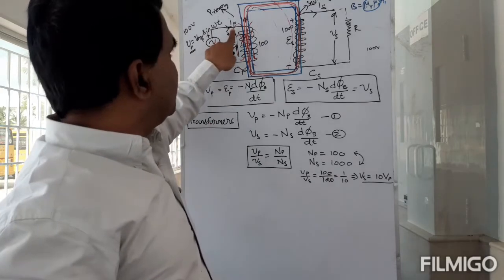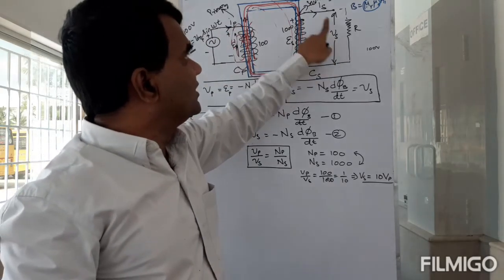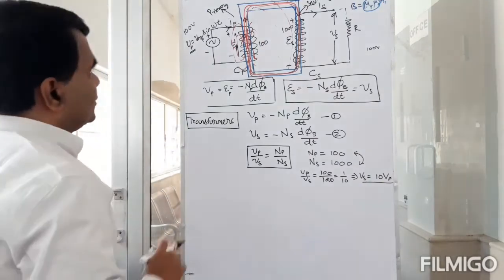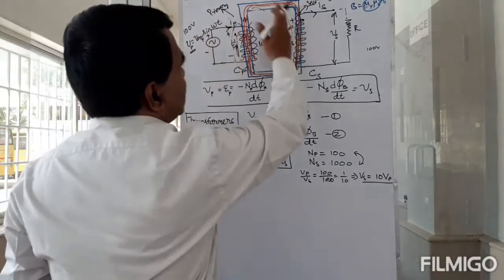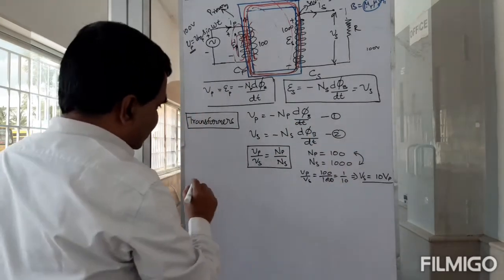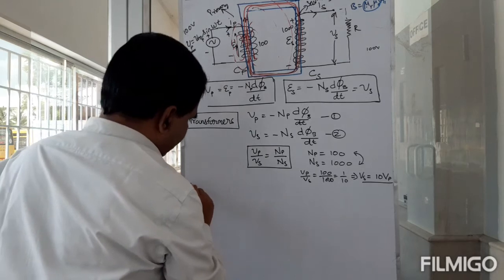So Vp Ip must be equal to Vs Is. Whatever energy you give must come out there. The law of conservation of energy must be obeyed.